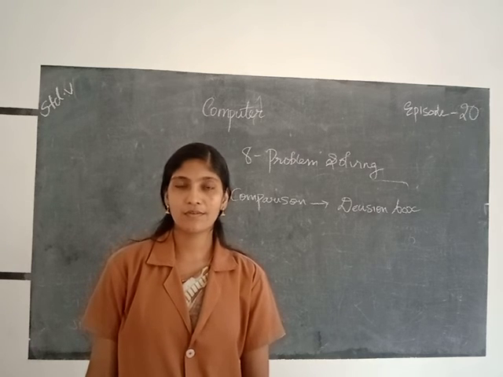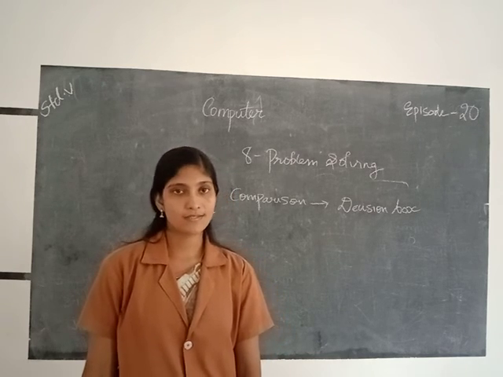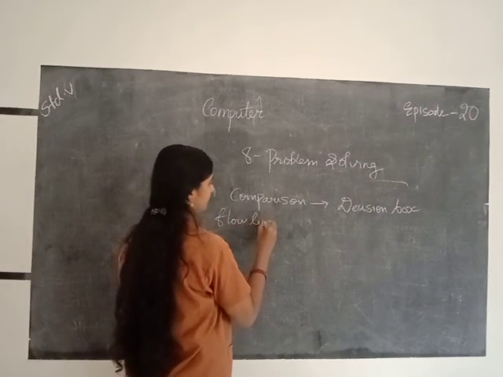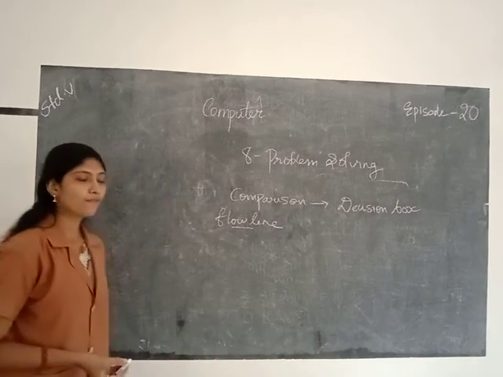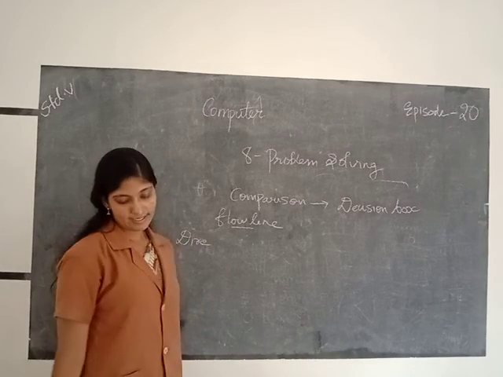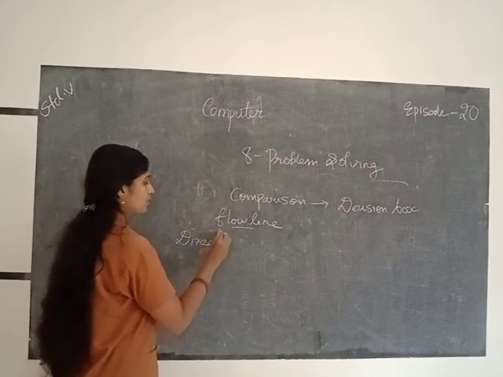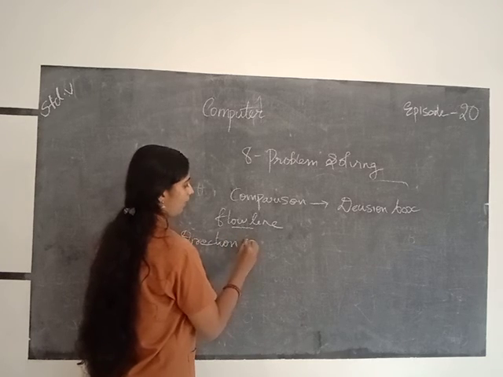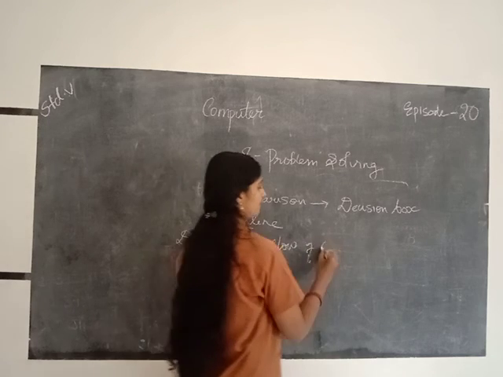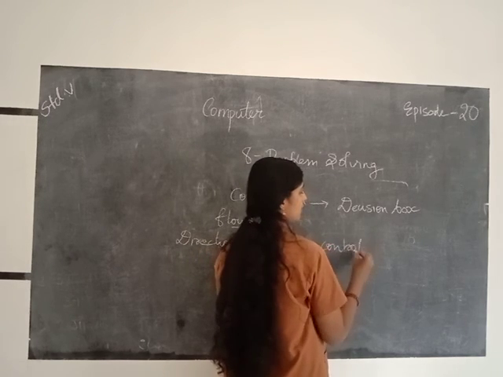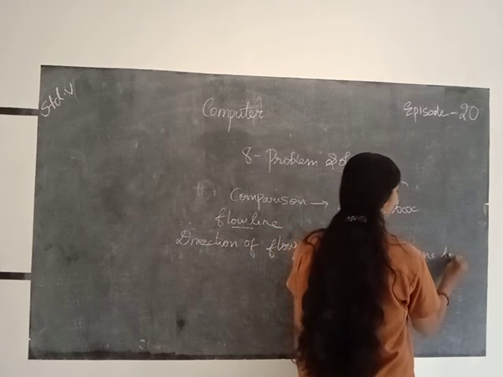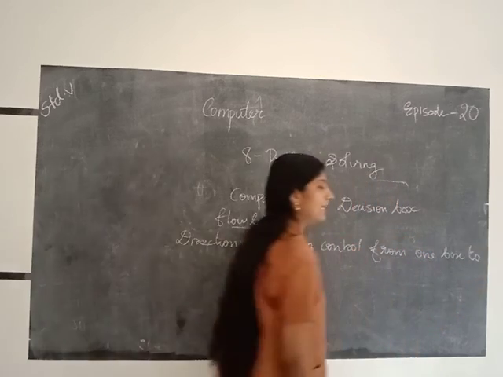So the direction of flow of control from one box to another is known as a flow line.